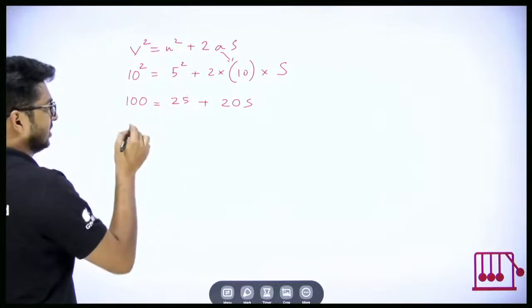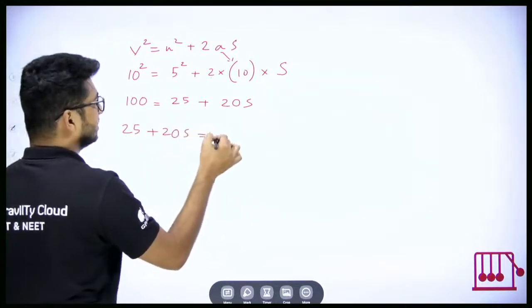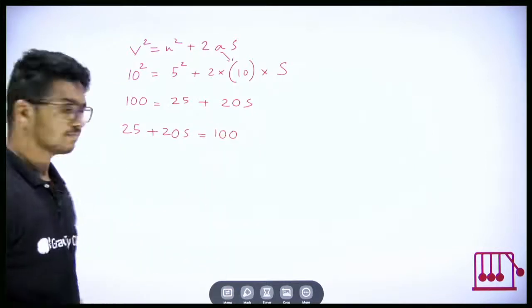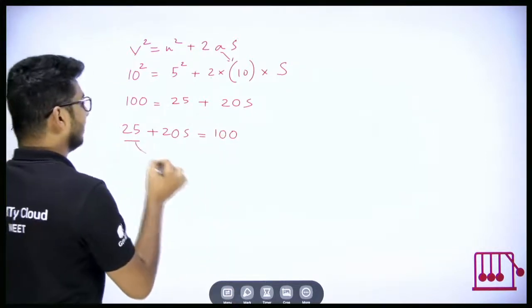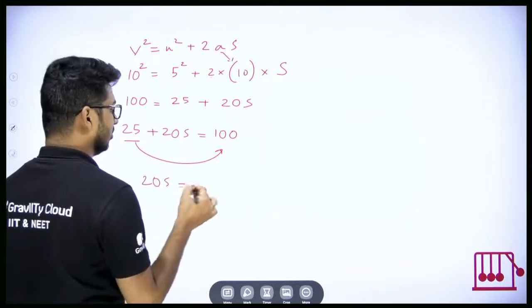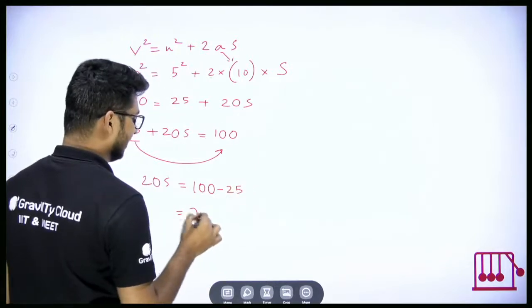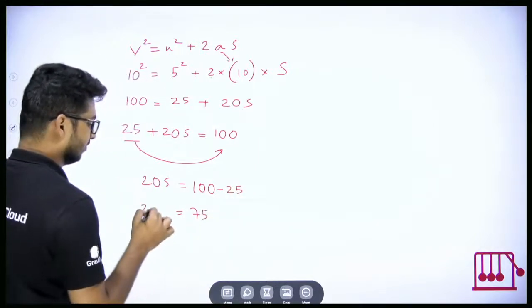I'll exchange. So it is 25 plus 20S is equal to 100. Then we'll take 25 to the other side. It becomes 20S is equal to 100 minus 25. What is 100 minus 25? 75.